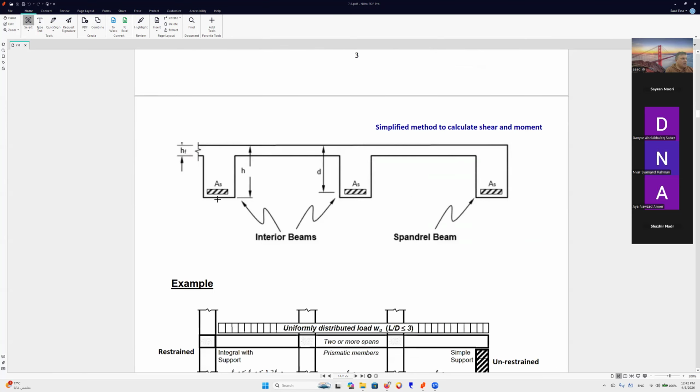So here we will have, for example, in the interior beams, the steel, and this is the total height, and this is d, from the top of the slab to the middle of the steel. And this is the height of the floor, hf, okay?